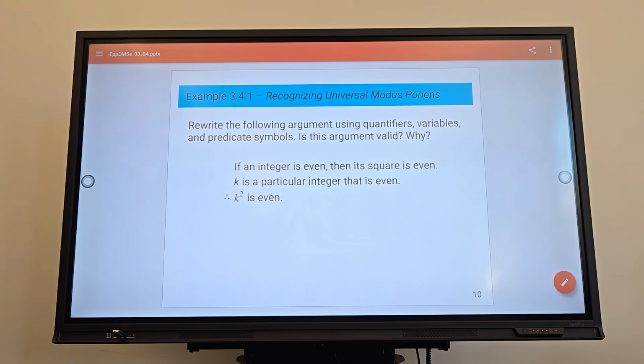Consider the following argument using quantifiers, variables, and predicate symbols. Is this argument valid, and why? If an integer is even, then its square is even. K is a particular integer that is even. Therefore, k squared is even.